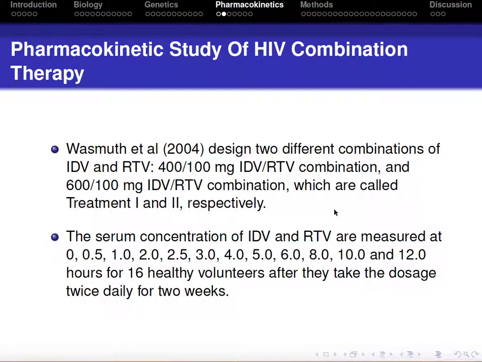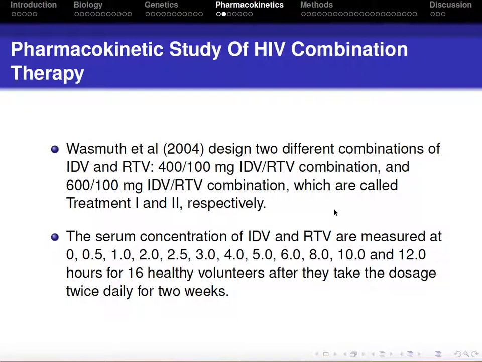For each type of drug, before they commercialize it, they need to do this pharmacokinetics analysis to find out the absorption rate, distribution rate, and these kinds of key characteristics of the drug. This is a very big area in pharmacology. Here we look at one application. This is called HIV combination therapy.